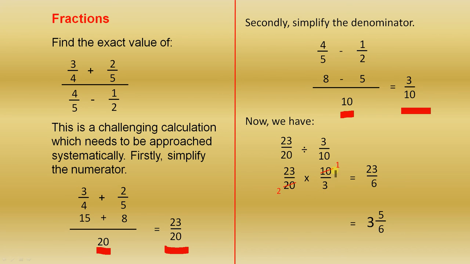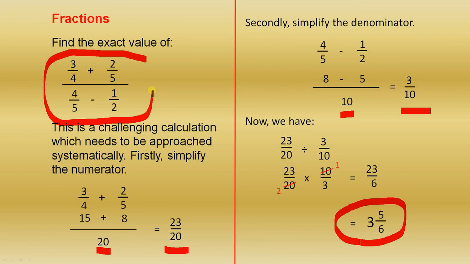So we do the cancelling. 10 into 10 goes once, 10 into 20 goes twice, 23 times 1 is 23, 2 3s are 6, so 23 over 6 is actually 3 5/6. So there we are. That answer there, we have found the exact value to this very challenging sum here.